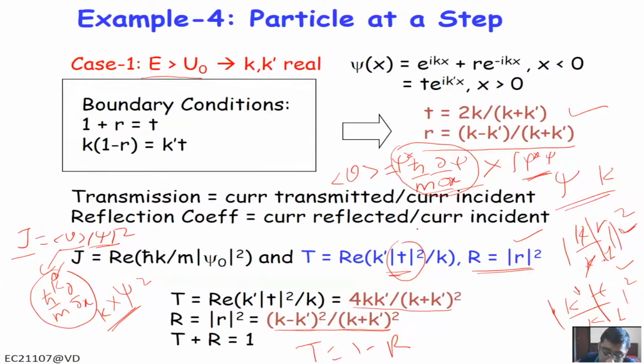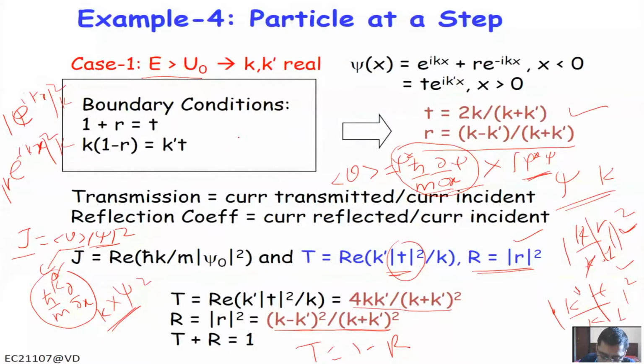So the incident wave is psi, e to the power iota kx, magnitude square, which is 1 times k. So this is the incident current. Reflected current is e to the power minus iota kx, times r square times k.